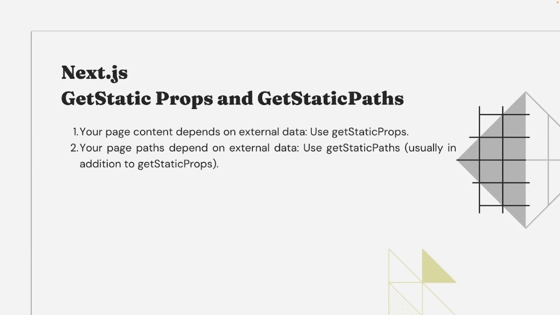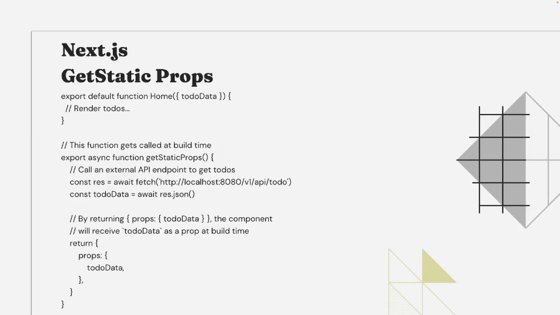We can also use a function to retrieve that information. We're not going to use getStaticPaths during this tutorial, but I just want to show you guys that if you do have dynamic routes, there is a way that you can get the external data that you need during pre-render.